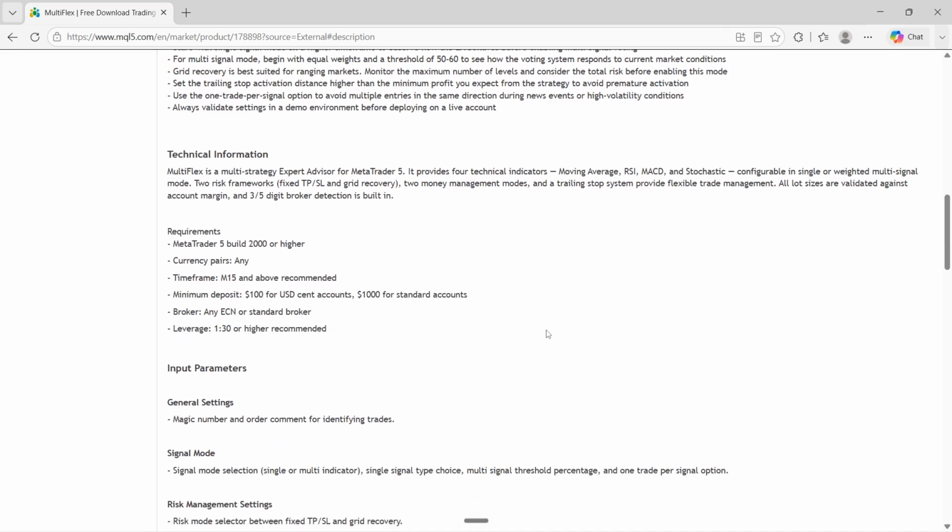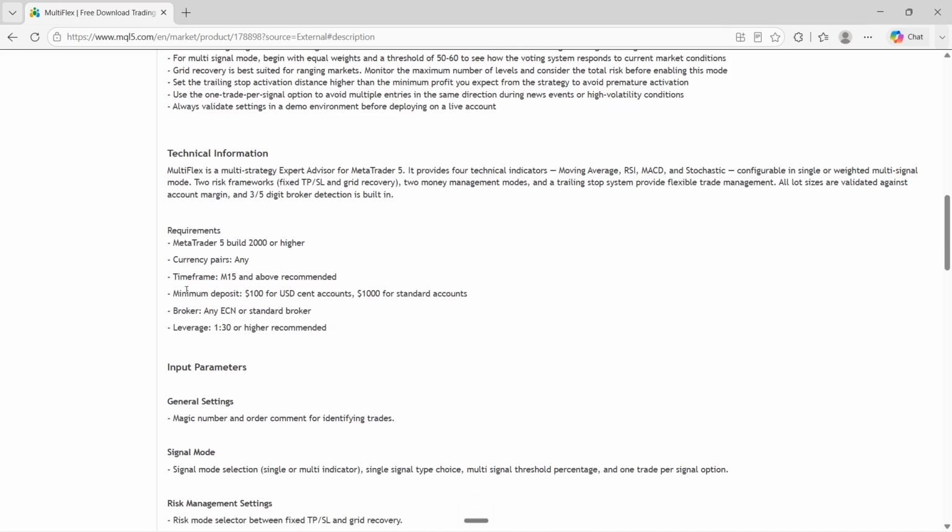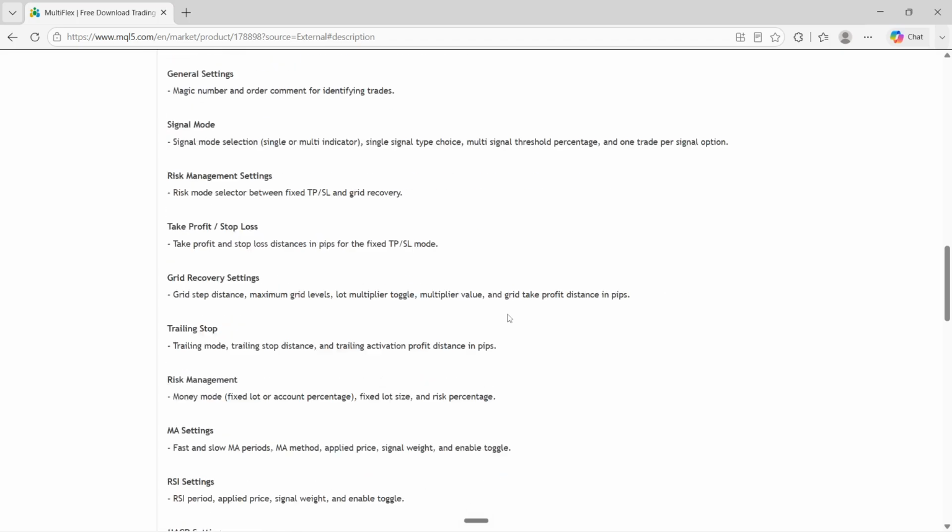The minimum deposit guidance is $100 for USD cent accounts and $1,000 for standard accounts. The developer advises starting with single signal mode on higher time frames and treating the grid mode as better suited to ranging conditions.